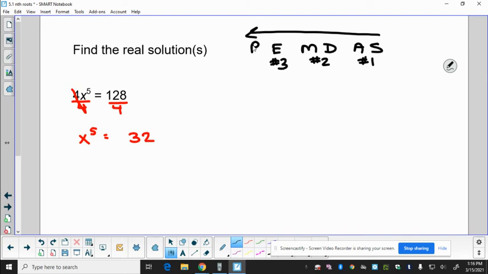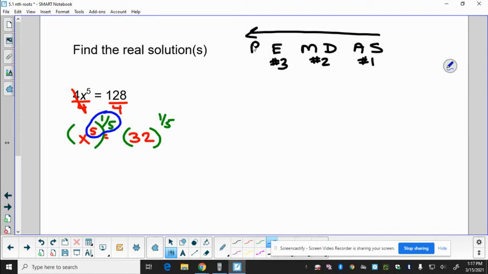All right, now, how do we undo this? Well, there's a couple ways of looking at this to explain this, but you should know by now that you can do whatever you want to both sides of an equation. So what I'm going to do is I'm going to raise this to the 1/5 power on both sides. Now, why does that work? Well, over here on the left-hand side, what we have is we have an exponent rule.